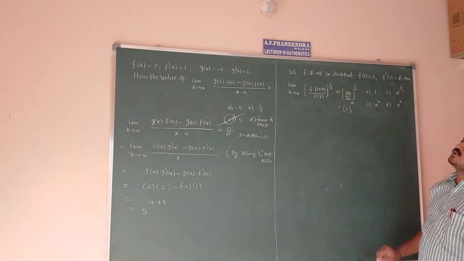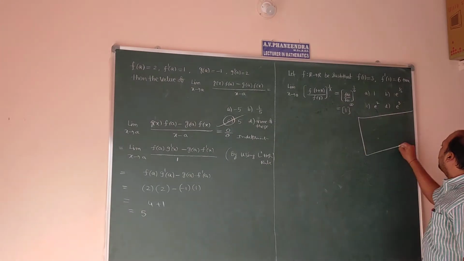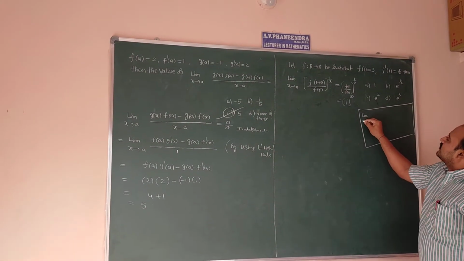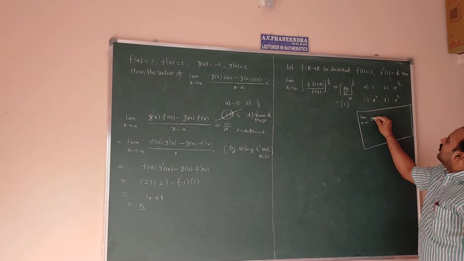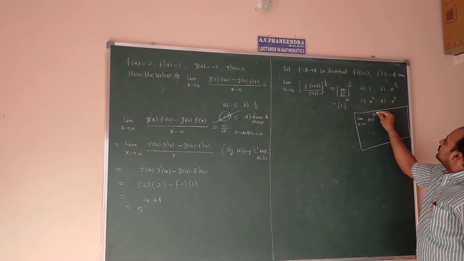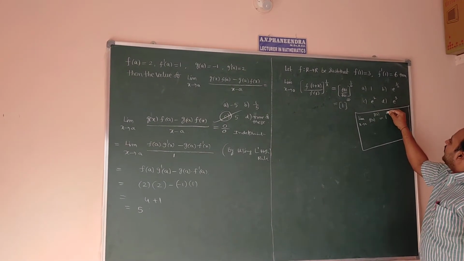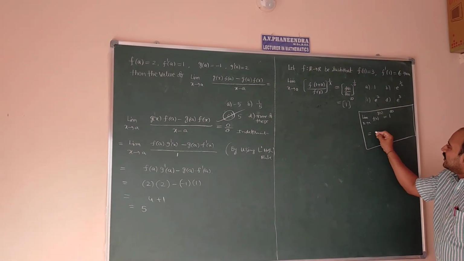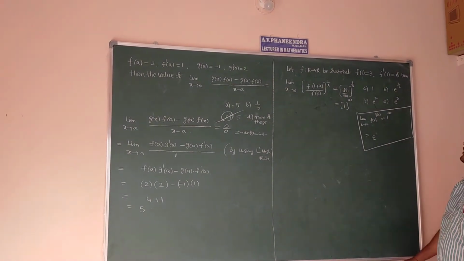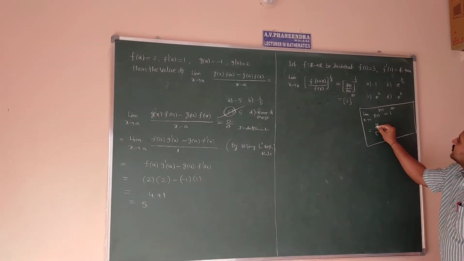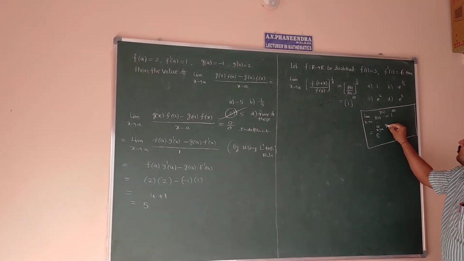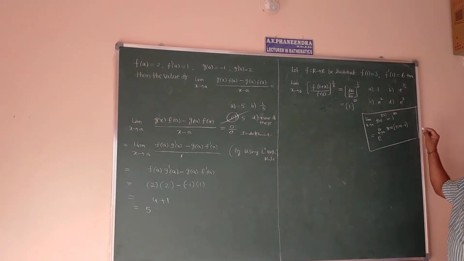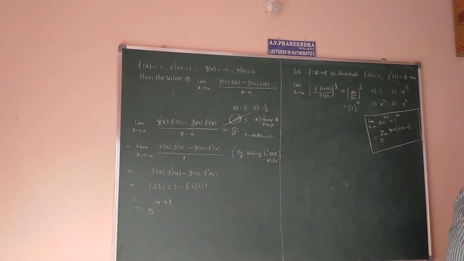Whenever the limit reaches 1 power infinity, here is a very important property you remember. Limit x tends to a, f of x whole power g of x reaches 1 power infinity. How to write this limit value is e power limit x tends to a, g of x into f of x minus 1. Like this you have to write and calculate the limit.